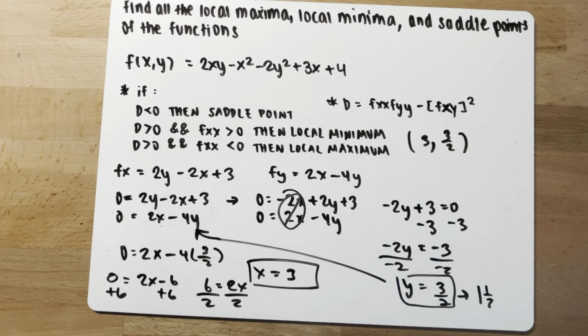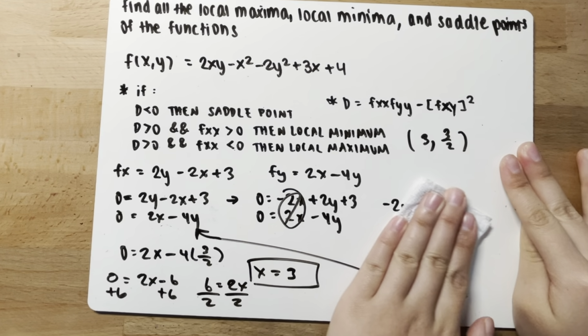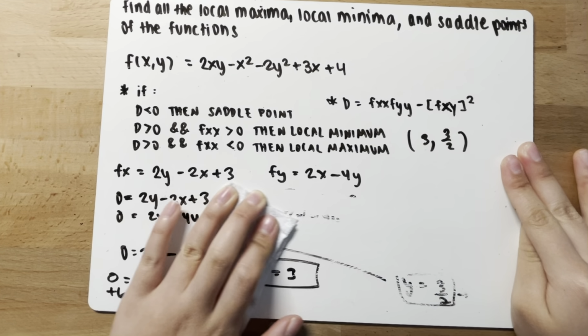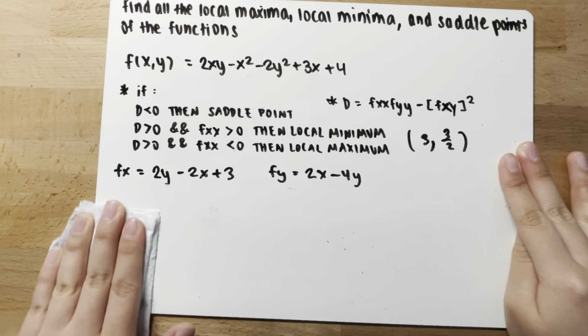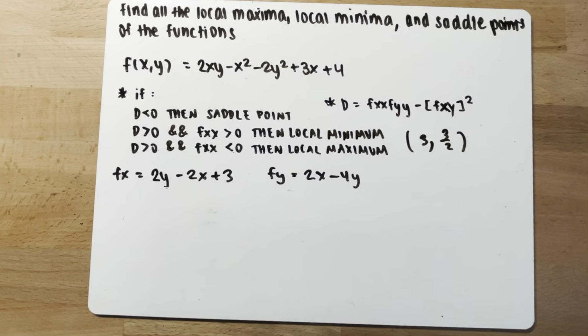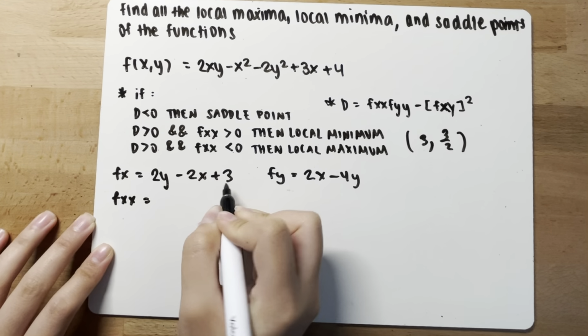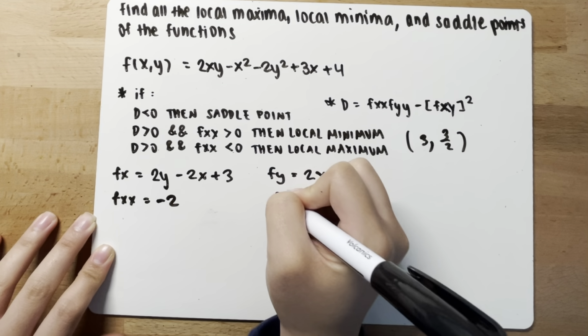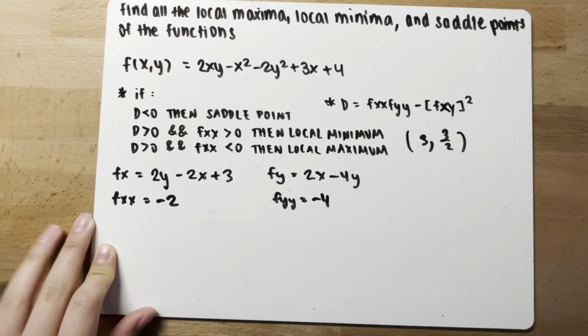Now you are going to find the second derivative of both functions to see what their discriminant is. Okay, second derivative, f double x, derive this in terms of x, you have negative 2. F double y, derive this in terms of y, you have negative 4.